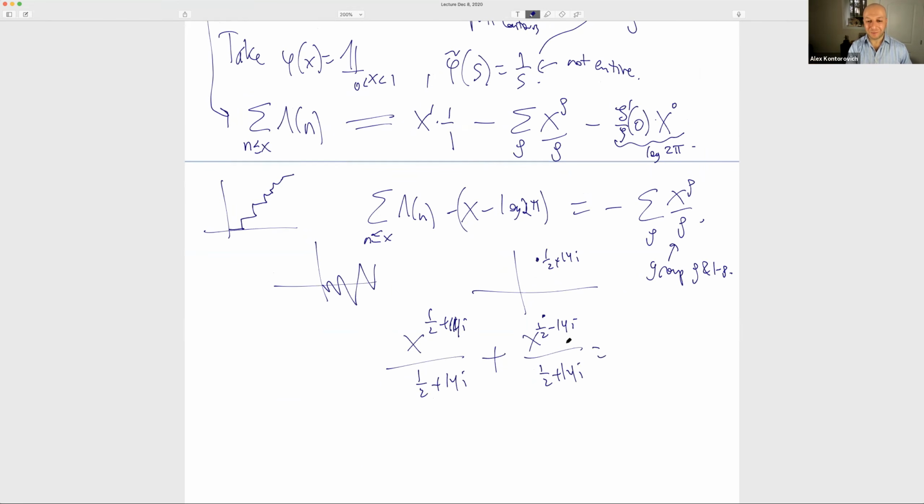There's an x to the half that pulls out. And what's left is like a sine of a log, and times a constant.